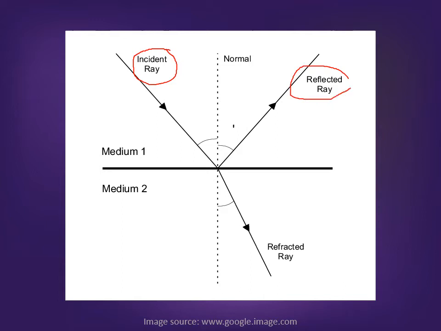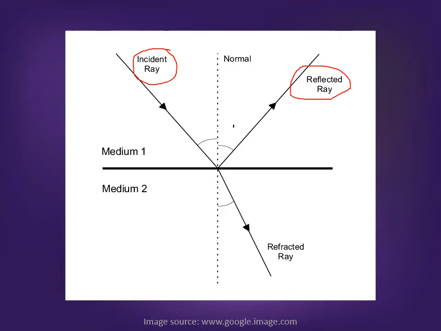So the energy of this reflected ray is always far smaller than the amount of the incident ray or incident wave.